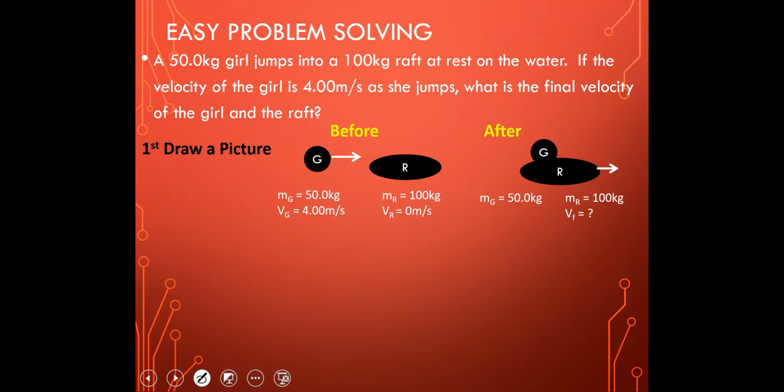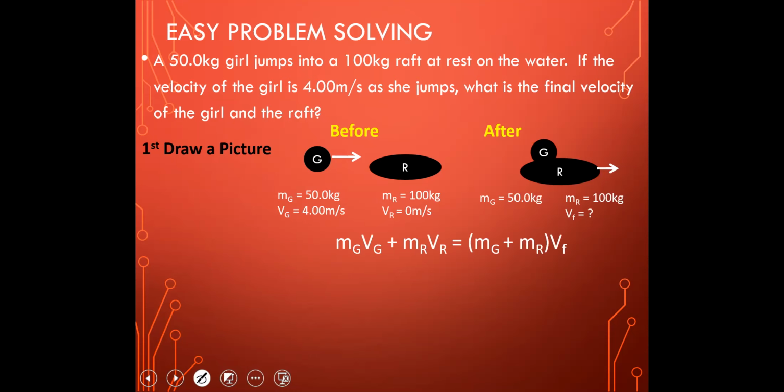Let's find the final velocity now. Since we have the conservation of momentum, we can solve it. We said that the momentum before equals the momentum after. Before, we have two different objects, the girl and the raft.